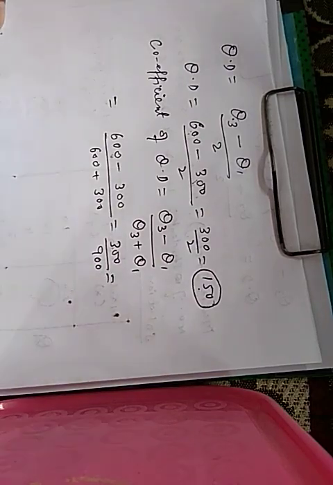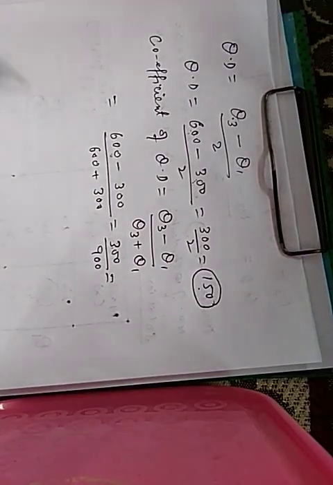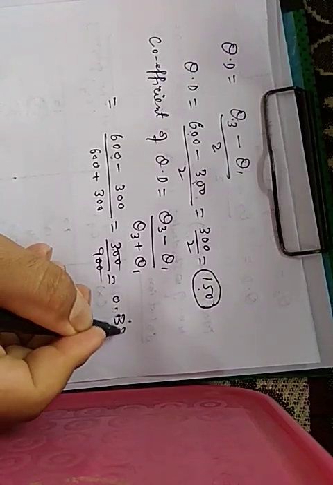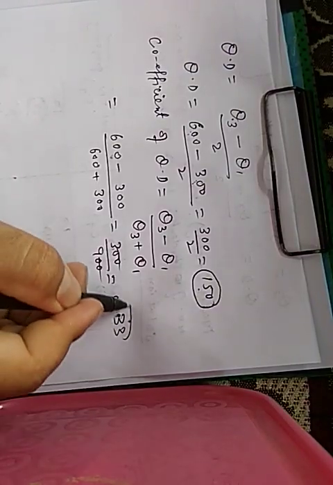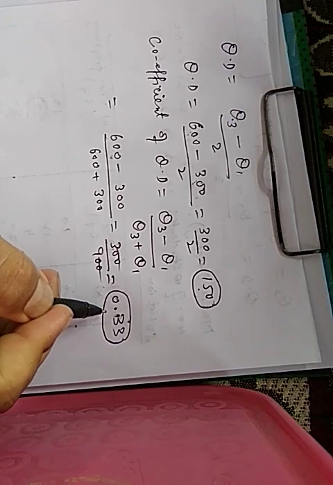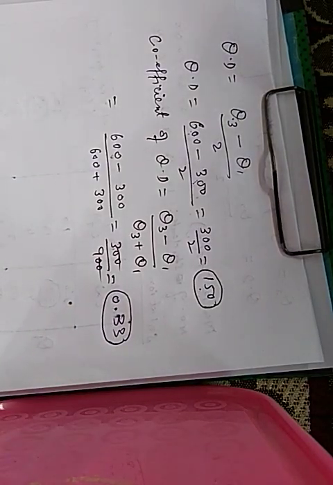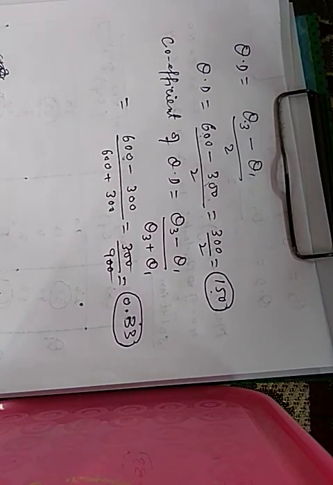It will be equal to 0.33. The coefficient of quartile deviation is equal to 0.33. This is how we get the value of quartile deviation and coefficient of quartile deviation in case of discrete series.